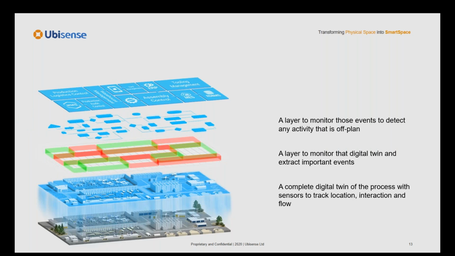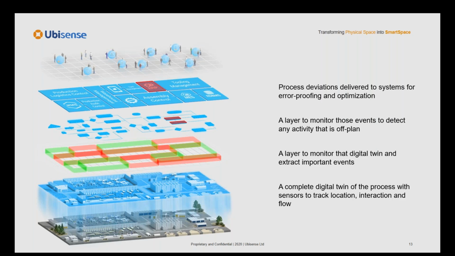Those events will then be passed to an upper layer that will monitor them to detect deviation. For instance, if you are tracking processes, deviation from the plan. Those deviations can then be delivered to existing IT systems, ERP, MES, or other higher systems that will then send that information to people, because there are always people behind systems that take those decisions.